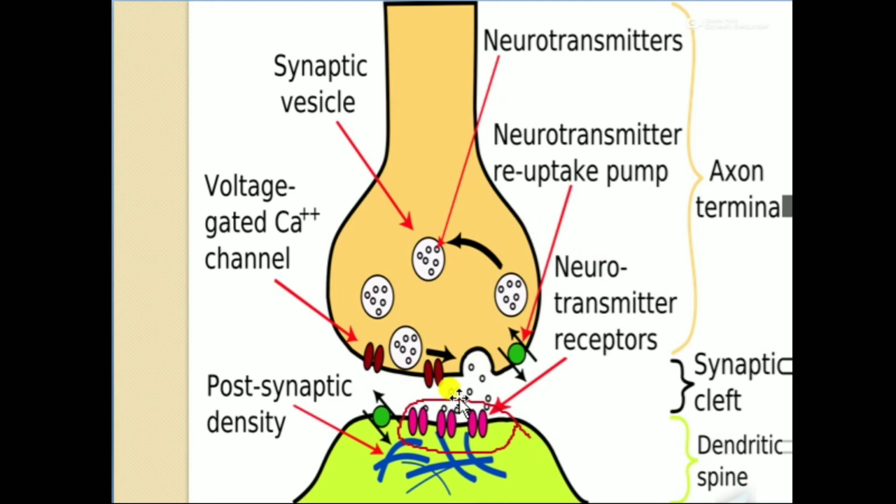One thing to make clear: after the neurotransmitter is released and has given the signal, some of the neurotransmitter goes back to the presynaptic region, and some becomes degraded with the help of some enzyme.